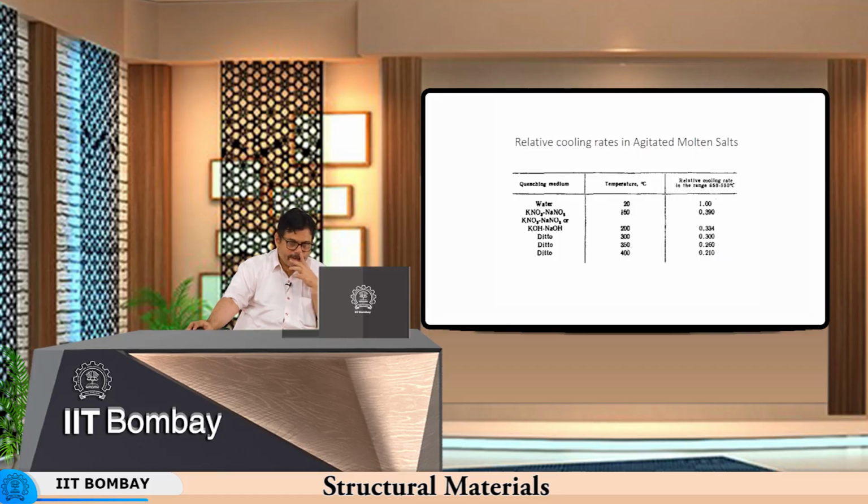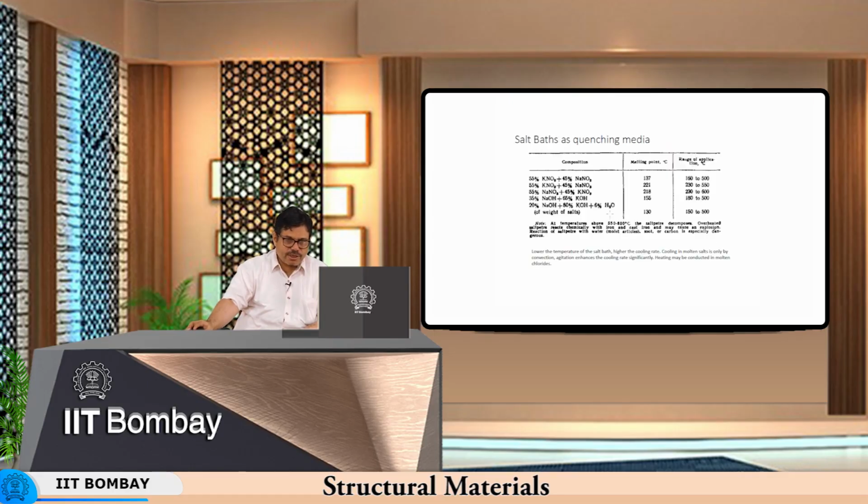So you have effective cooling rates, temperatures, and then cooling rate in the range of 550 to 650 degrees centigrade. This is a special range because you have decomposition of the saltpeter, that is, sodium nitrate will decompose, and then it will react with the iron.